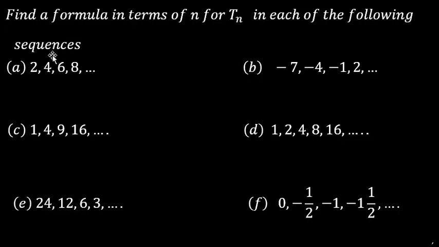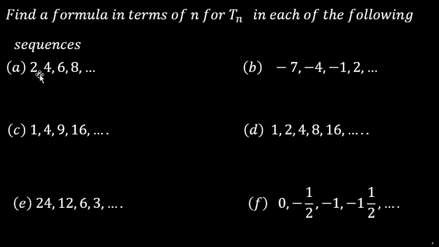Now, in this particular question, we were asked to find a formula in terms of n for the nth term in each of the following sequences. The first sequence is 2, 4, 6, 8. The next one is -7, -4, -1, 2.